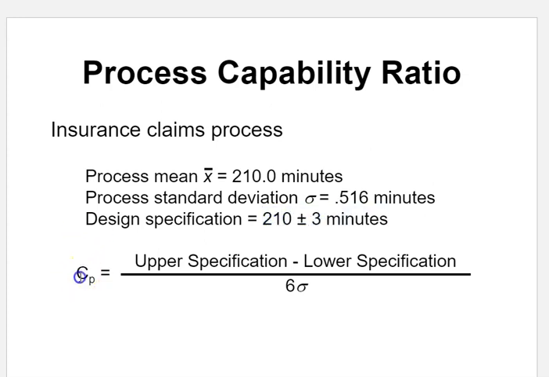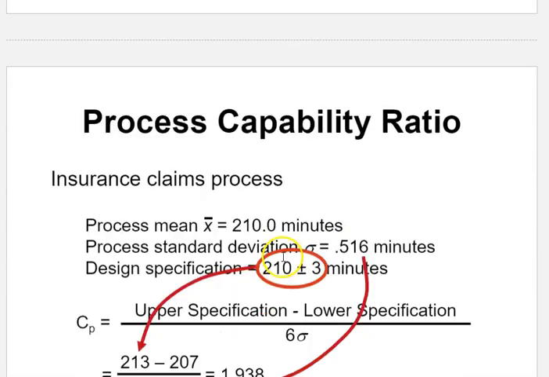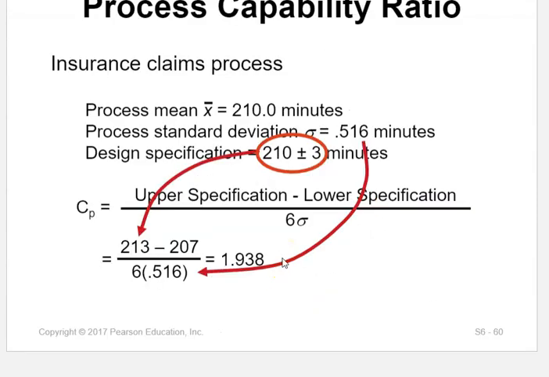You can see that the Cp is calculated. The upper specification is 210 plus 3. The lower specification is 210 minus 3 minutes. Divide by 6 sigma to see if we have the answer here. So 210 plus 3, that's 213.